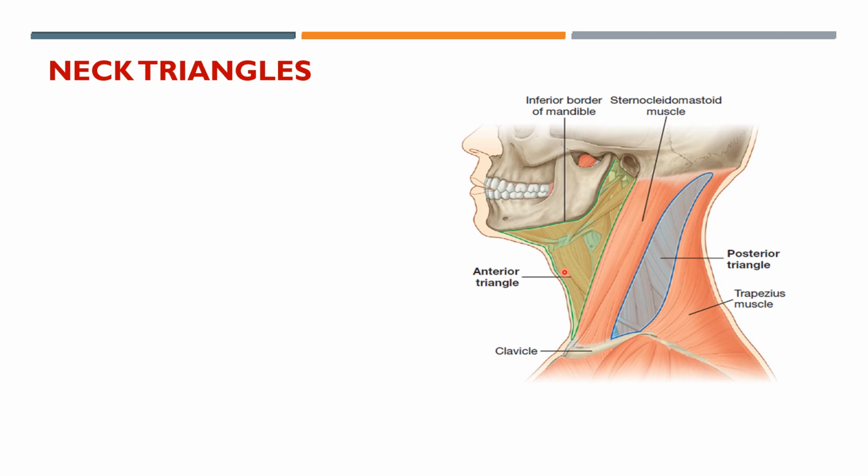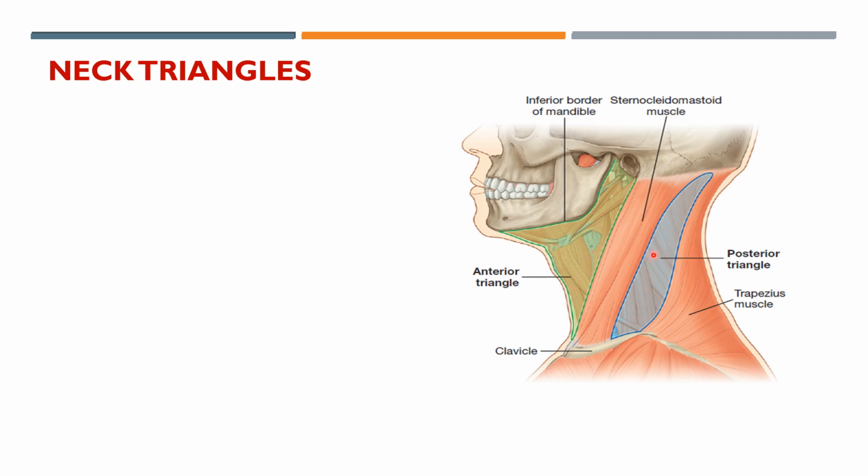As we'll see in minutes, it will also be divided into smaller subtriangles by a group of muscles here, the supra and infrahyoid group of muscles, which will assist in dividing this triangle into further subtriangles to help us study the structures in the neck.